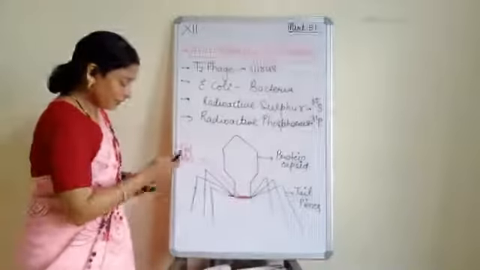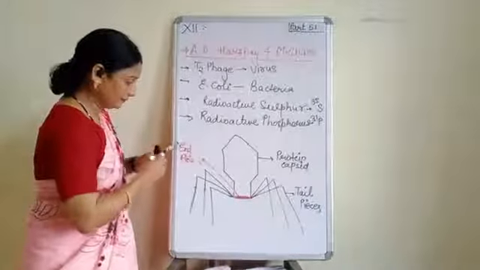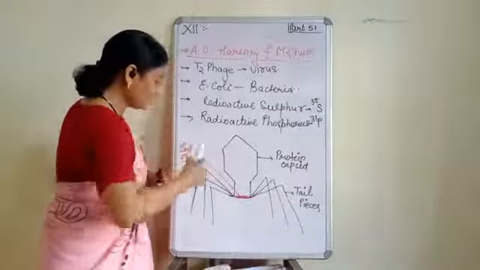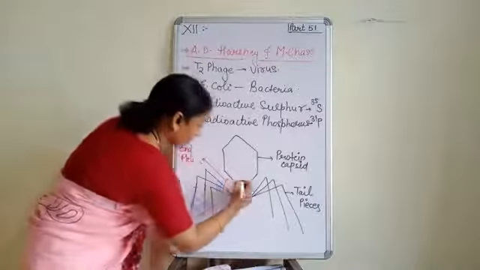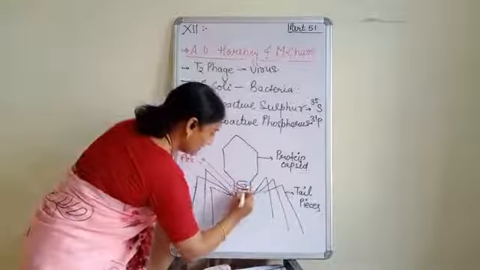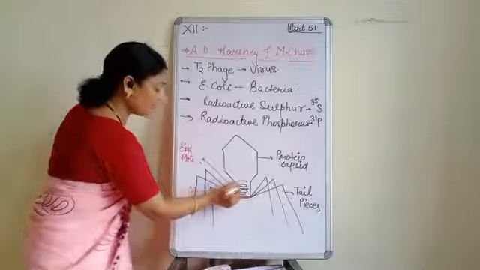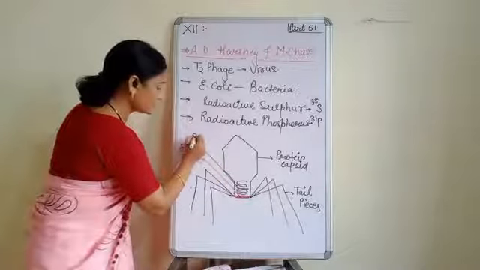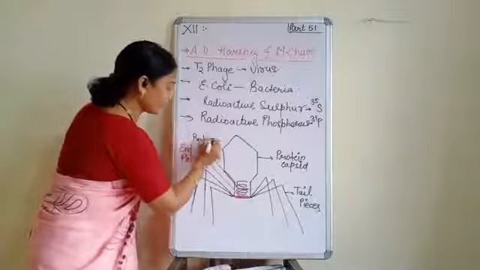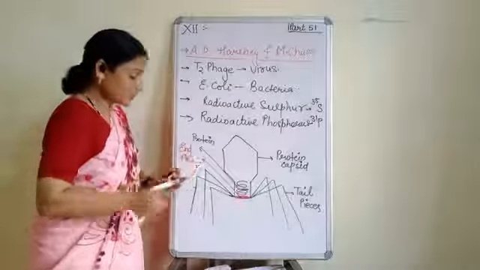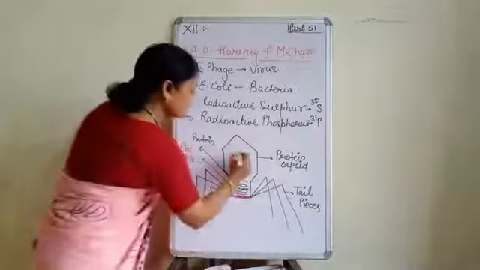Now, this contains protein also. Circular protein. So, what can we write? This is protein. Then, this T2 phage virus contains DNA.